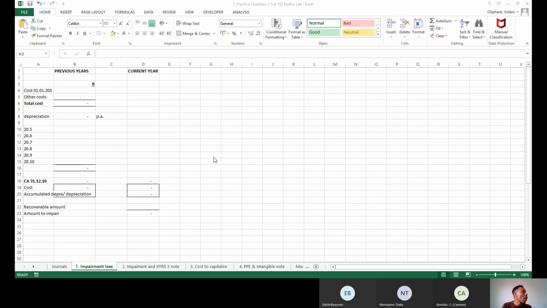Now, we know the history: we bought an asset, which is a patent, in 2005. And you also know that our year end in the current year is 31st December 2011. I'm just organizing my things so that I understand what's going on.